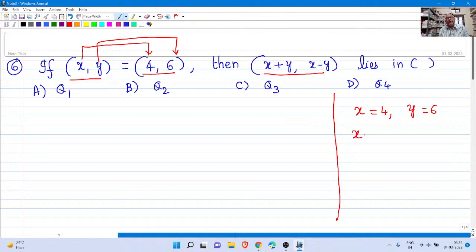First, we need to find x plus y. x plus y means 4 plus 6, that is 10. x minus y we need to find out. So we subtract 6 from 4, so that 4 minus 6 is equal to minus 2.